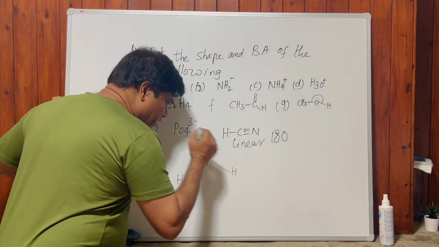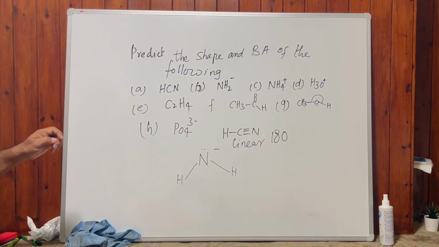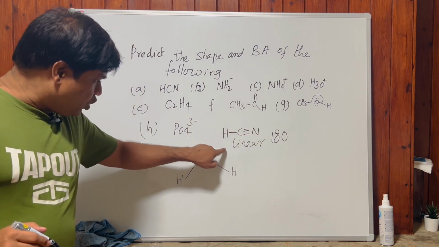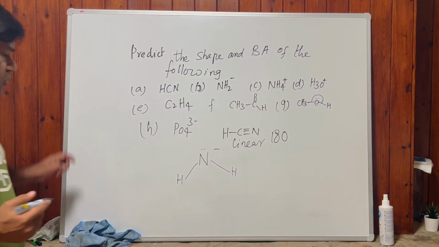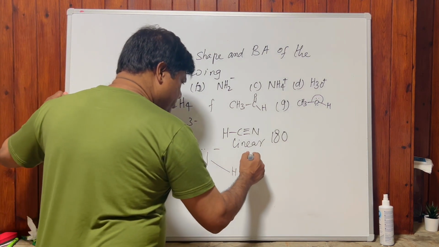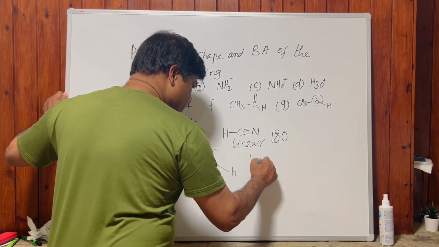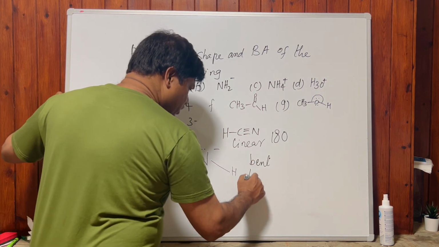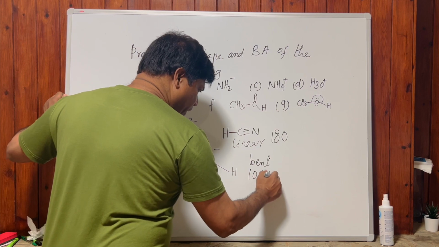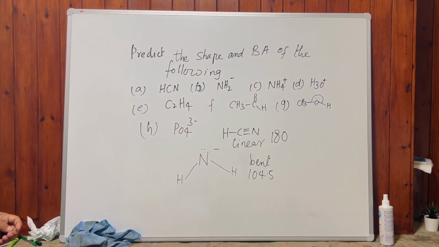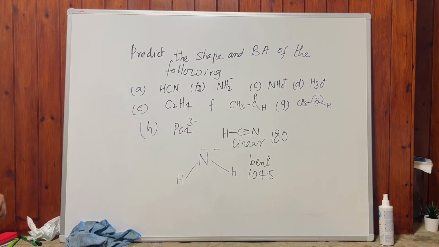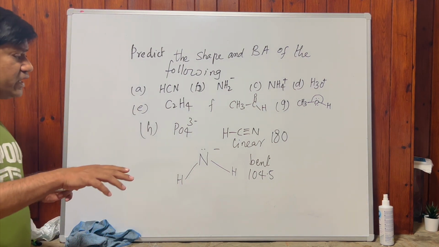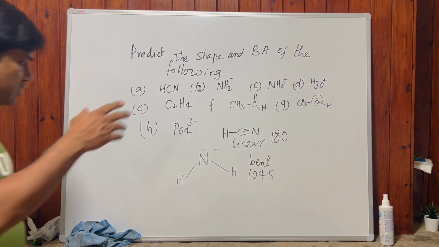The negative charge acts as a lone pair. So it has two lone pairs and two bonded pairs, just like a water molecule. So what's the shape? Bent, non-linear, 104.5. Most of the students get confused with this molecule. Structurally it is similar to the water molecule.